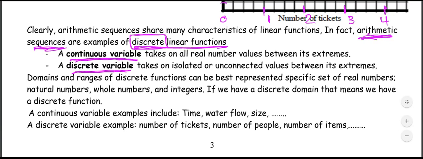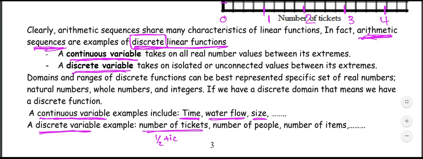So when we talk about a continuous variable, we have examples like time. Time is continuous. Size is continuous. Water flow is continuous. When we talk about discrete variables, we're talking about number of tickets, where you don't have half a ticket.